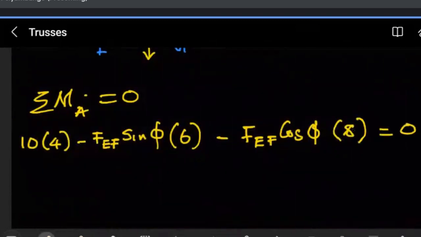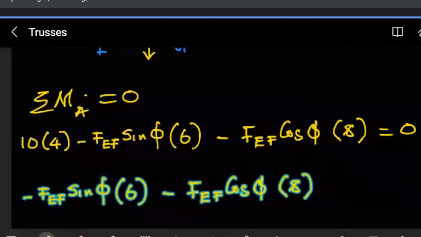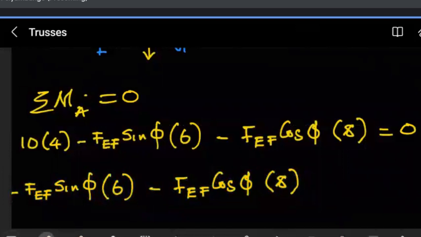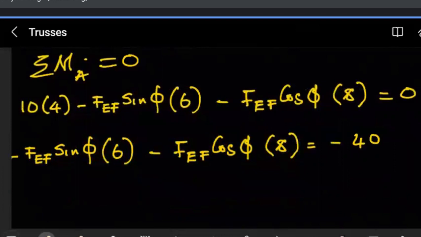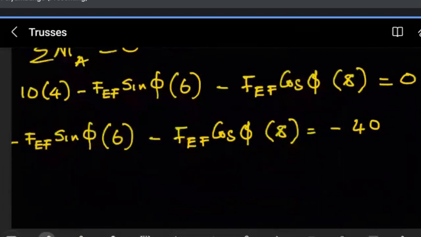Luckily, we already have what the angle there is. So move everything else to the right, leaving us with this part. And then the 10 multiplying 4 will go to the right, becoming minus 40. Multiply everything by -1.